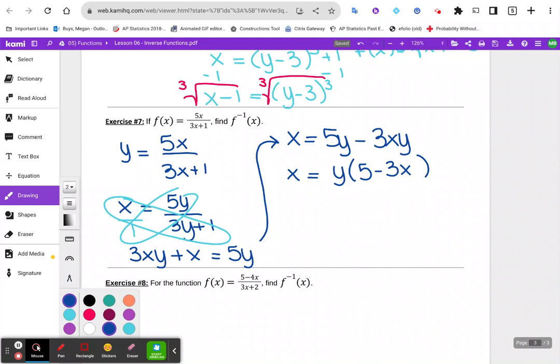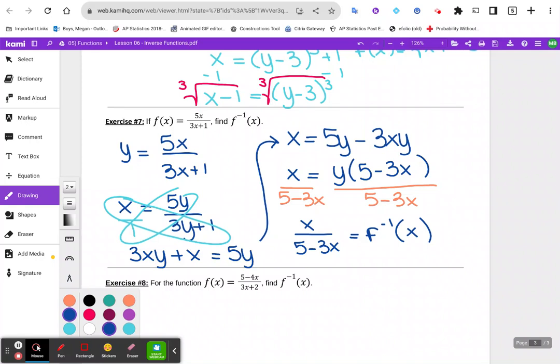So the part that I want to do next is divide by 5 minus 3x on both sides. Because then I've got x divided by 5 minus 3x equal to y, but I can rewrite it as the inverse there. That's how I rewrite this here. I switch x and y and get y by itself.